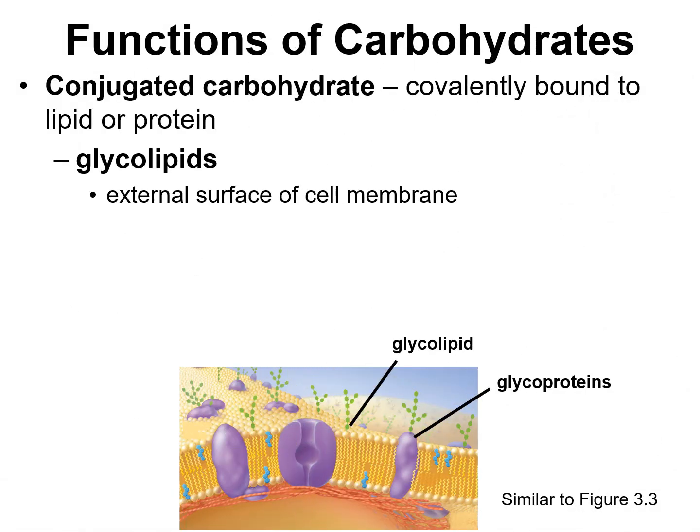While almost all the carbohydrate that is ingested, digested, and absorbed is used for the production of energy, a small amount is actually incorporated into our cells and tissues. Carbohydrate may be conjugated or covalently bound to lipids and proteins.